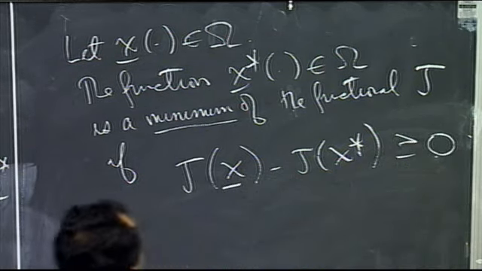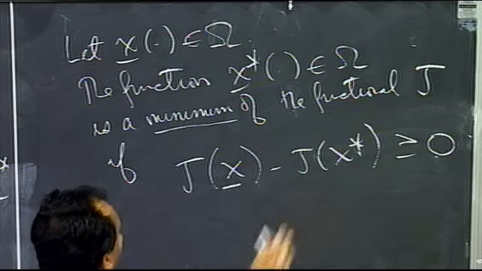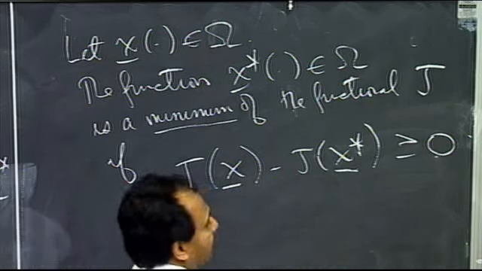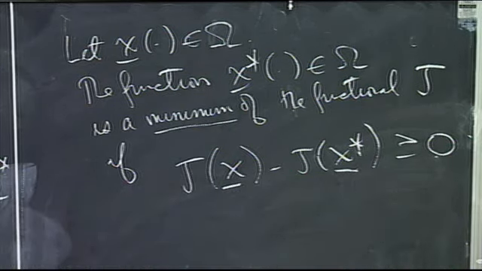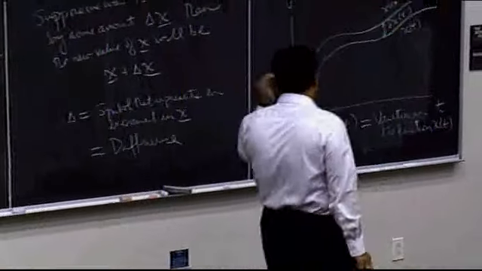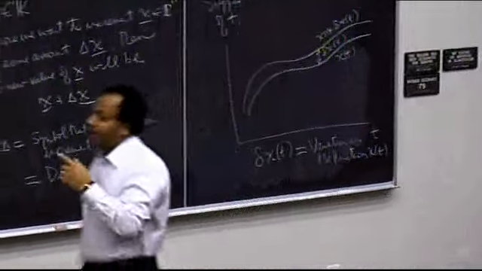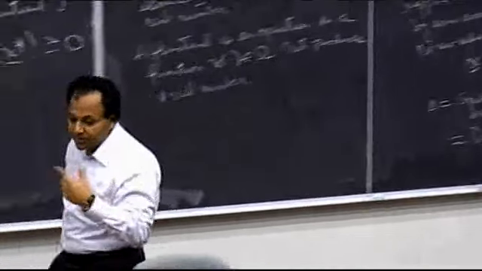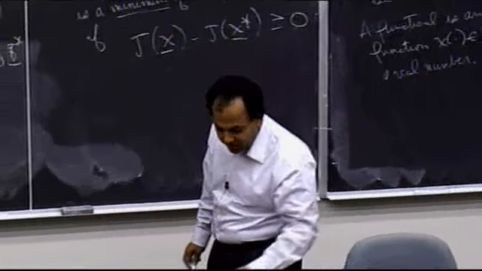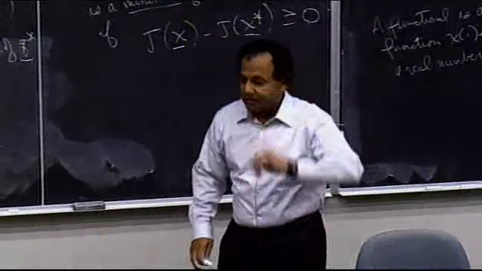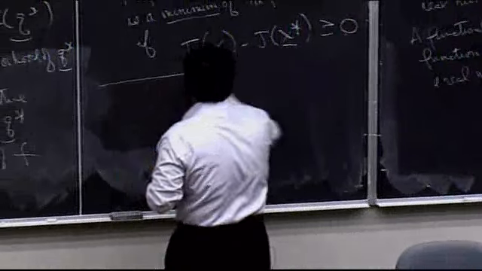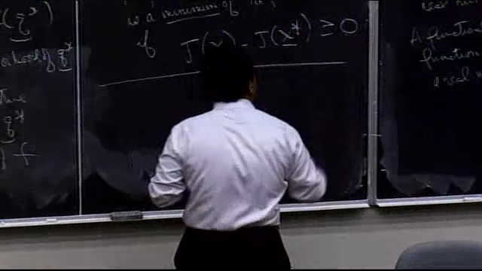Now notice that what goes in here is a whole function, not just a point. So I'm evaluating the whole function. We're going to start by doing the basic problem in calculus of variations to do this. This leads to the next thing I'm going to talk about, and then I'll do the basic problem.